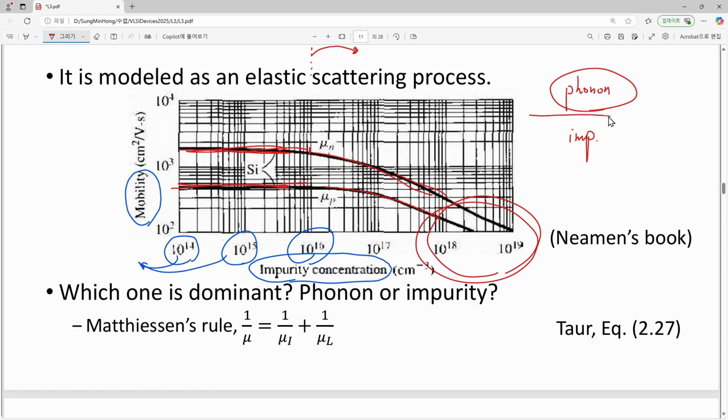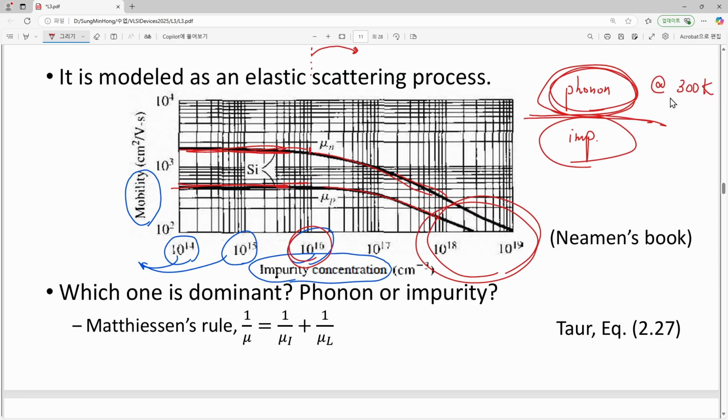Then what is the boundary between the importance of phonon and impurity? In the case of 300 Kelvin, we can say that more or less 10 to the 16 per cubic centimeter is the boundary. But this is at 300 Kelvin.